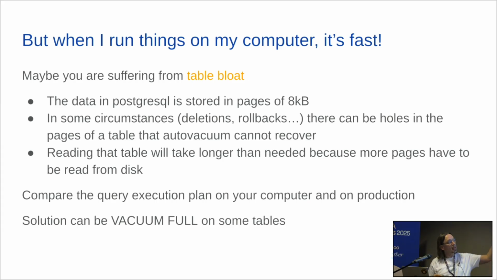Okay, and that takes longer, and you get slow query. But when you restore the database locally on your computer, your workstation, you get a clean table. So that's a sign that maybe you have table bloat.